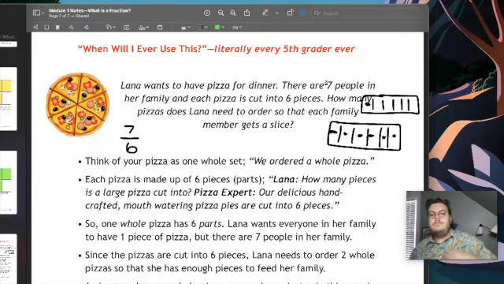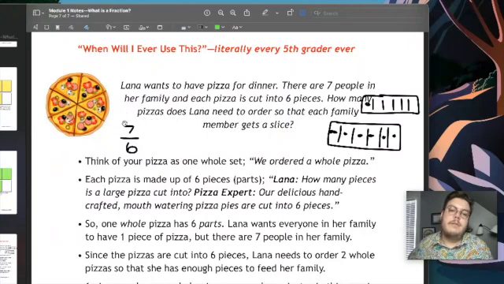So we now have a fraction that shows our problem. Each rectangular fraction model represents 1 pizza. We have 1, 2, 3, 4, 5, 6 parts to a whole. There are 6 pieces in a pizza, so that's why our model has 6 pieces.